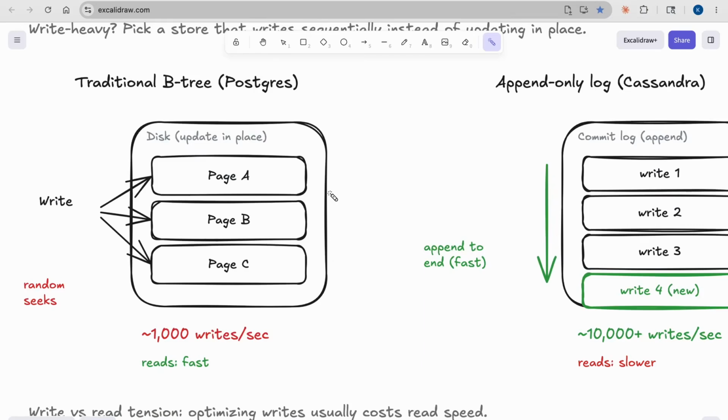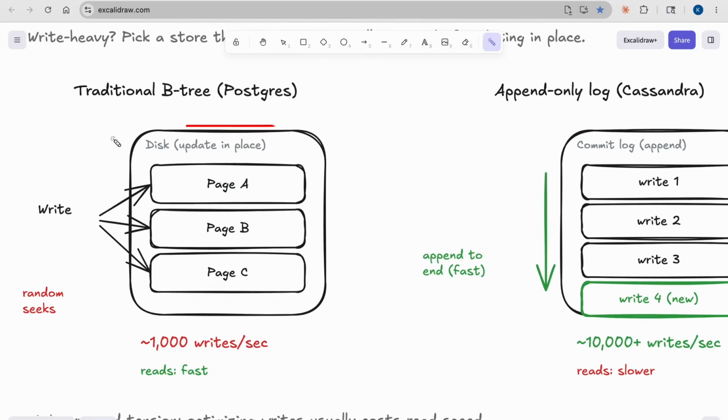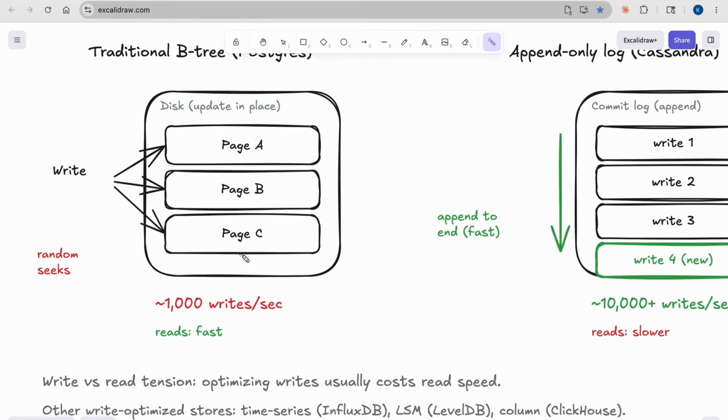With the traditional B-tree, assume this is some data that we have in Postgres. Whenever I want to write, it first tries to find the specific thing we want to write or update, and then does an in-place update.